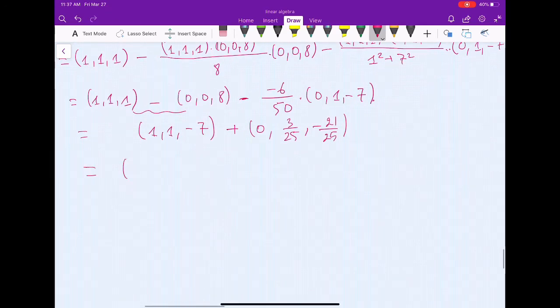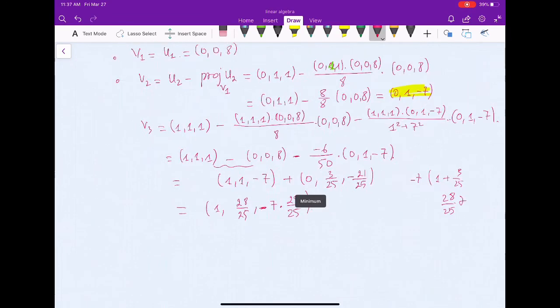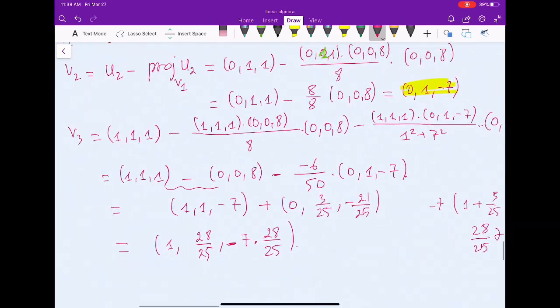So I get 1, 28 over 25, and then -7 over 25. It is not a good number, but that's fine. The most important thing is the idea, right?